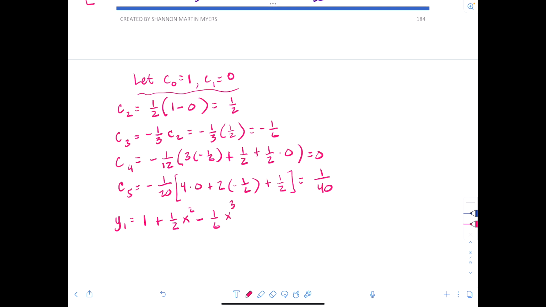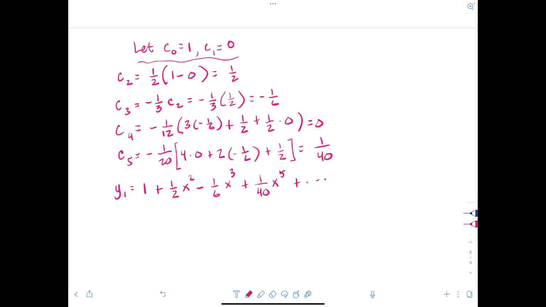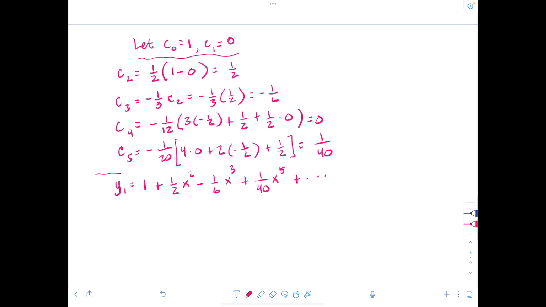C4 zeroed out, and then we'll have C5, 1/40 x to the 5th, and then whatever comes what may. So here's one series solution.